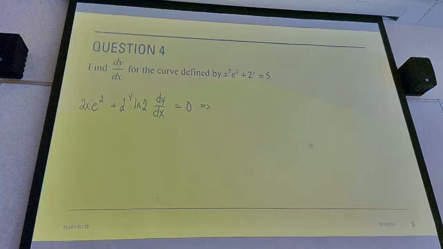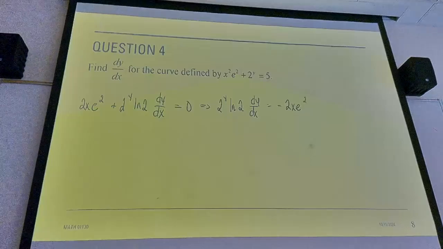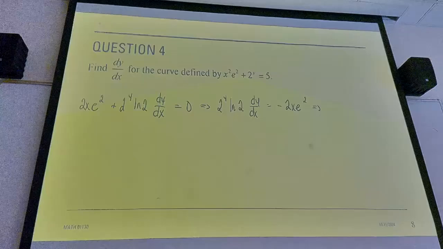So what should we do first? It's already taken the derivative. Subtract 2x times e squared on both sides. Now what? Divide by 2 to the y, and then 2.